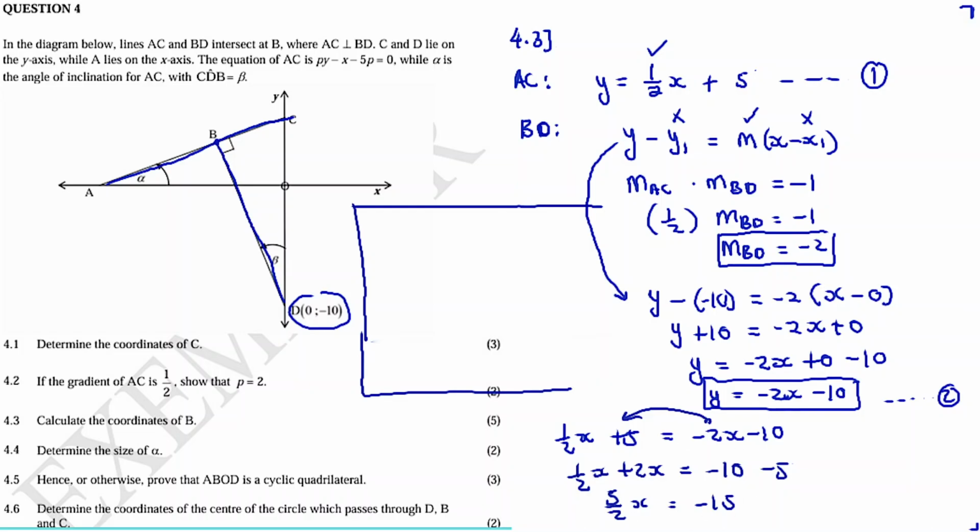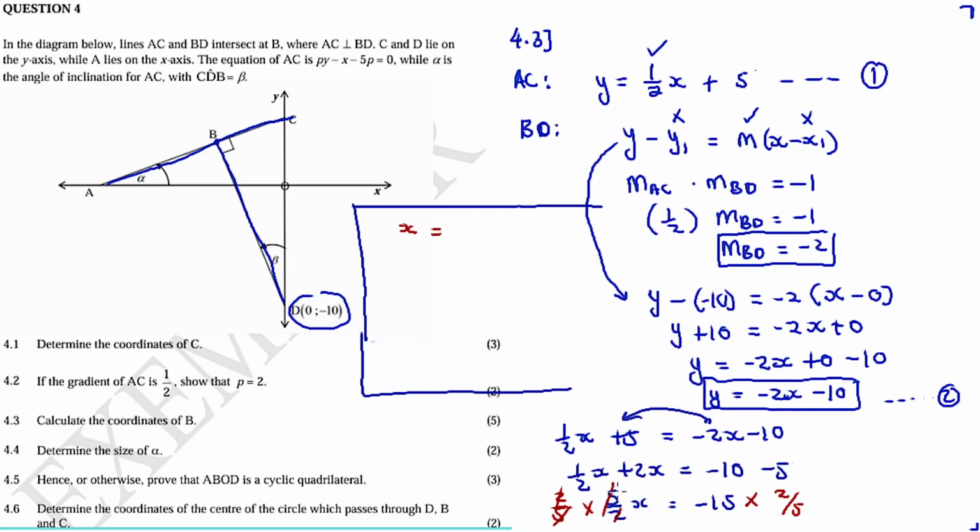Either you divide by 5/2 on both sides, or multiply by the multiplicative inverse. Sometimes I just like multiplying by a multiplicative inverse instead of dividing, just to do things a little differently for a change.